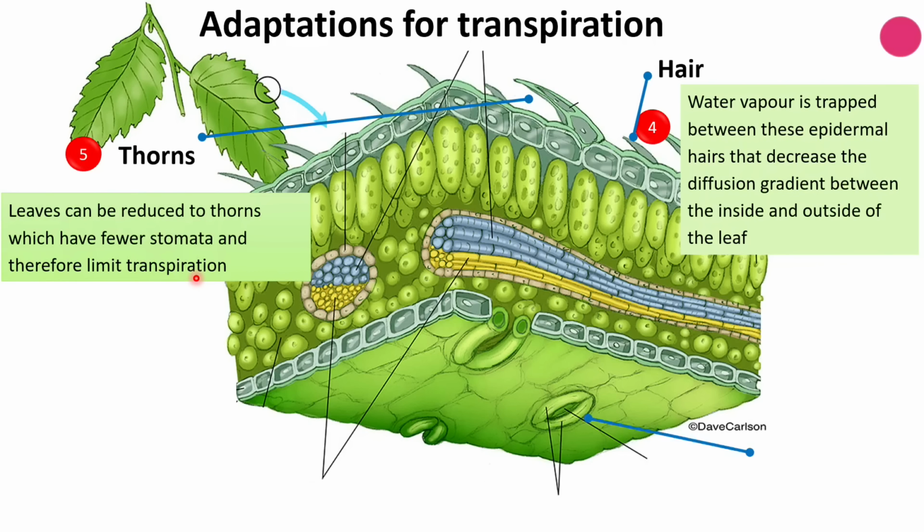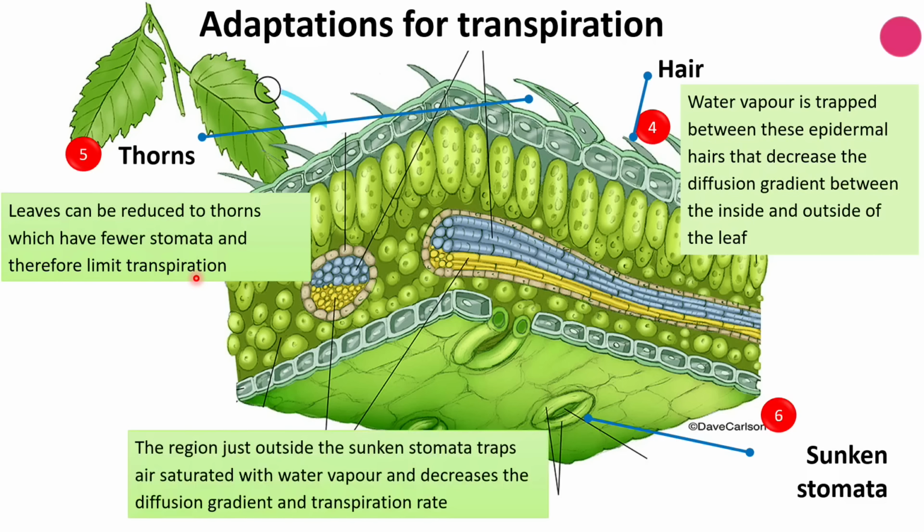And then the last thing is that some plants, especially succulents or cacti, have sunken stomata. And I'll show you a picture in a moment of what this looks like in a microscope. But the sunken stomata actually trap the water. It keeps the water inside so that less water is lost through transpiration.